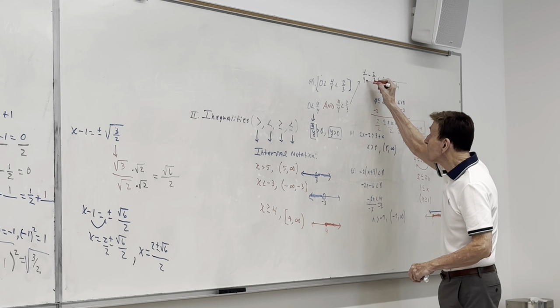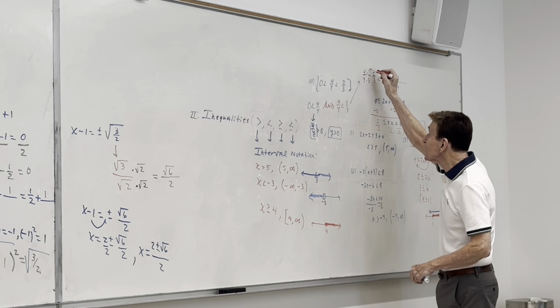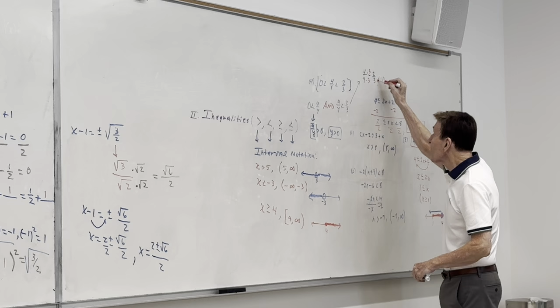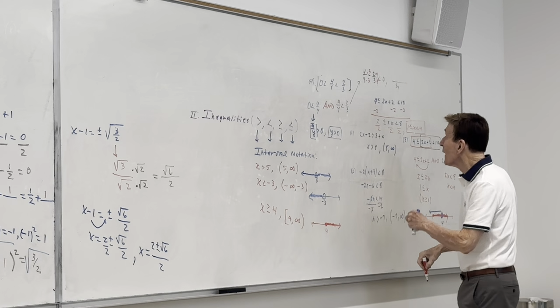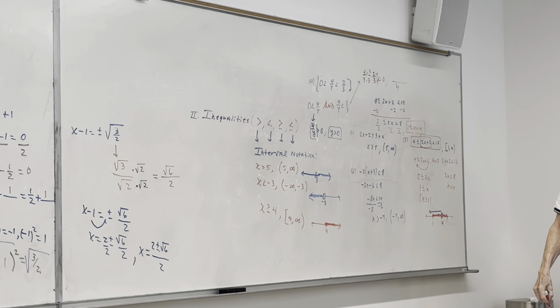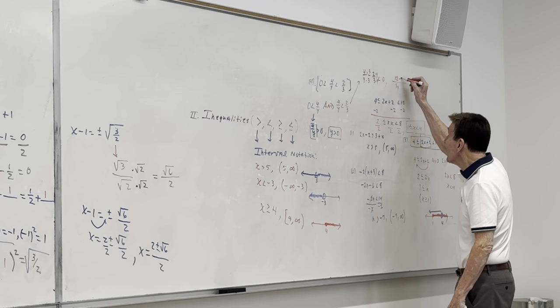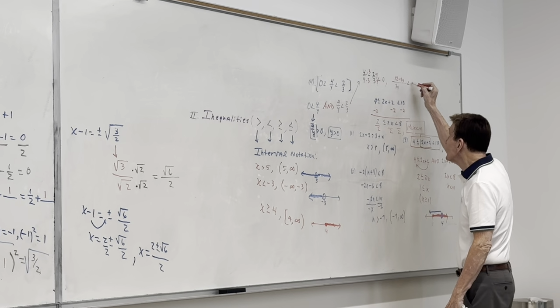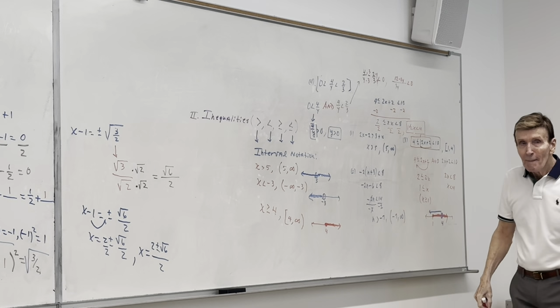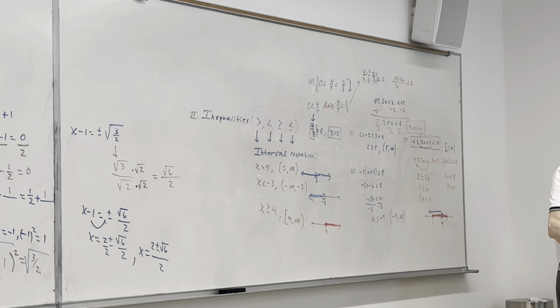This has to be multiplied by 3, and this has to be multiplied by y. So we end up with what? 12 subtract 2y is less than 0. Let's put the two terms together. Woo! Now you got to solve that.